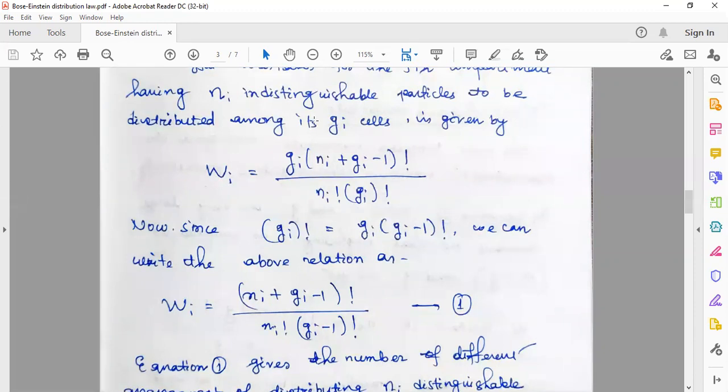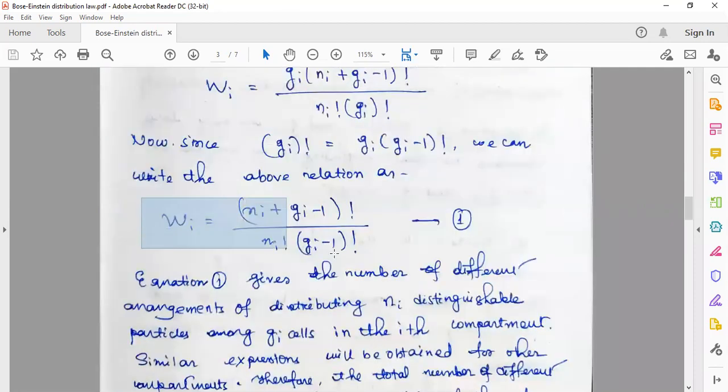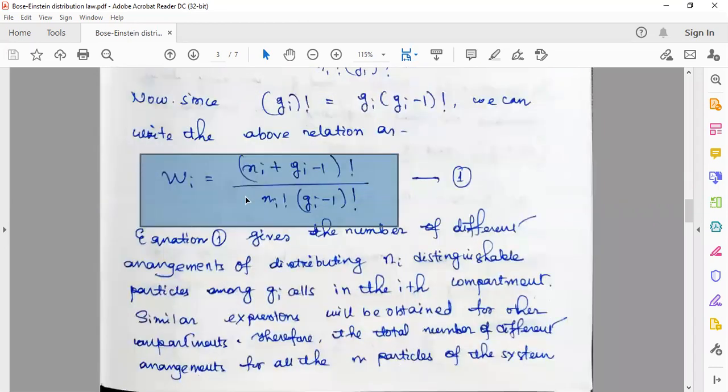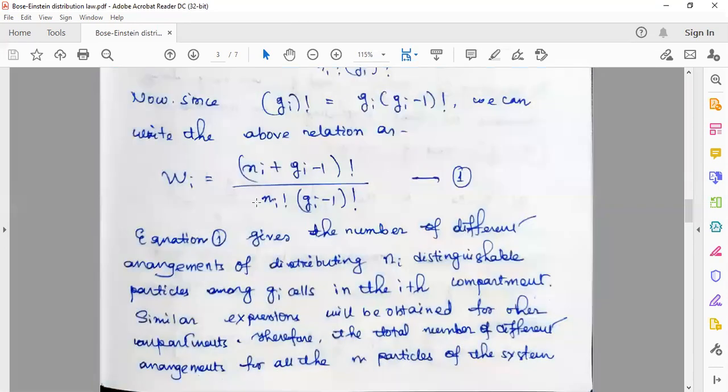You have to substitute that expression here, so it will be gi divided by, for this one, gi gets cancelled. So (ni + gi - 1)! over ni! (gi - 1)!. Just substitute it here, and you will get this probability, the number of different arrangements.